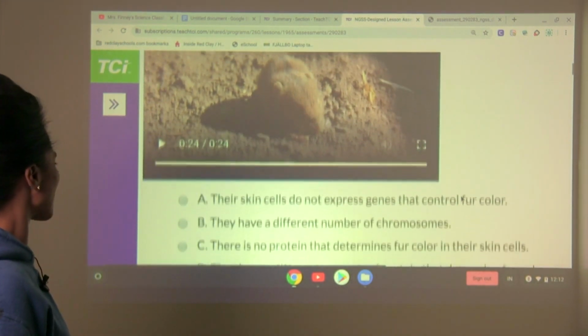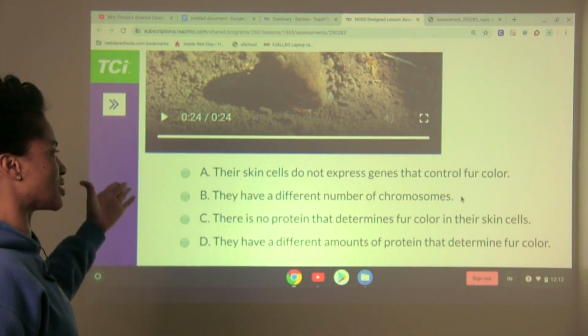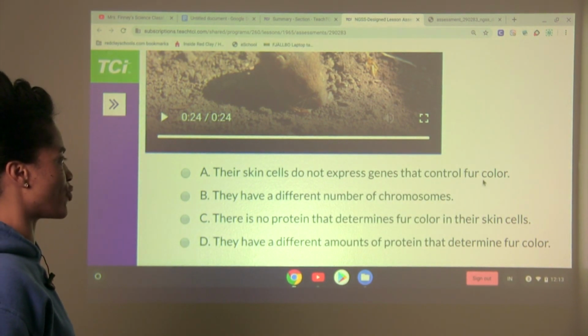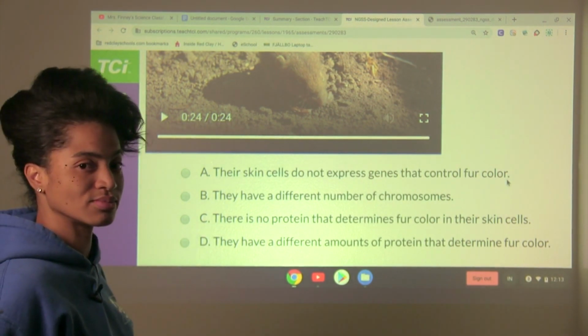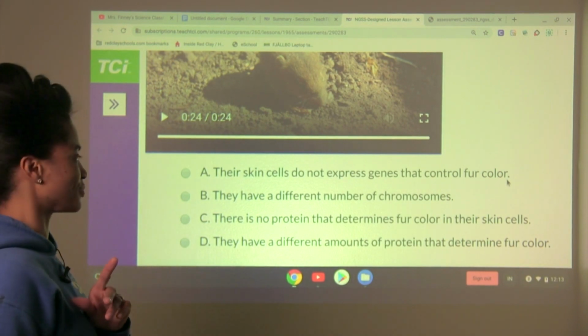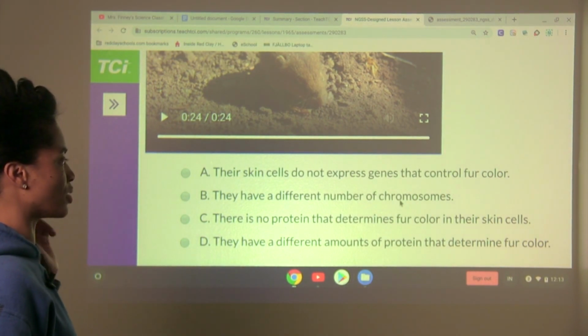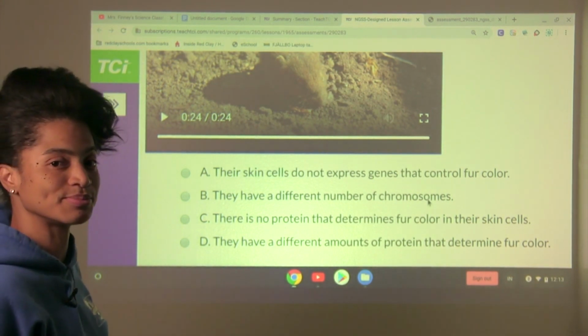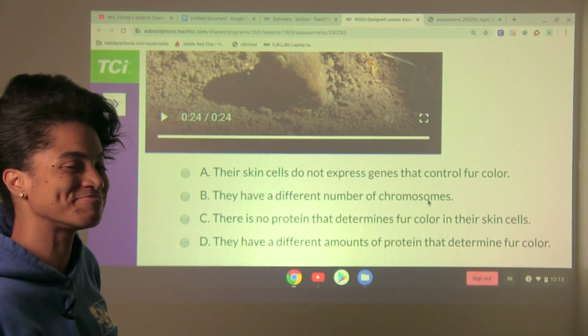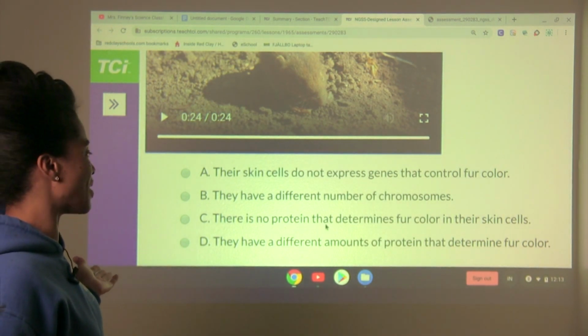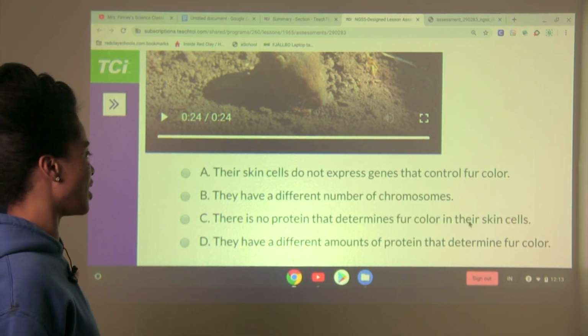Here we go. A, their skin cells do not express genes that control fur color. Would you pick A? B, they have a different number of chromosomes. C, there is no protein that determines fur color in their skin cells.